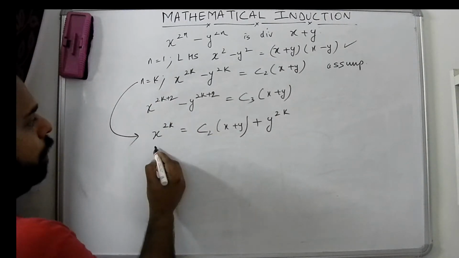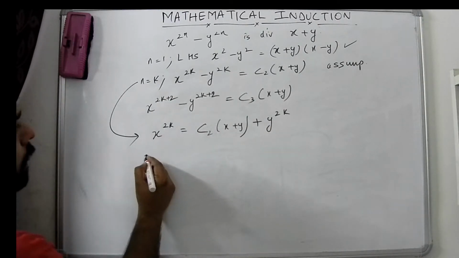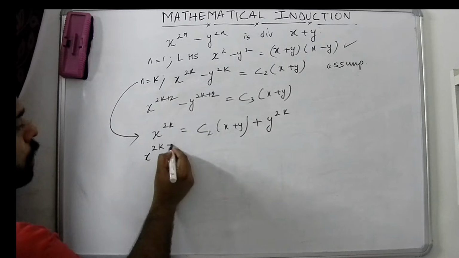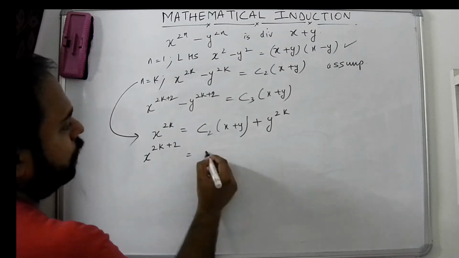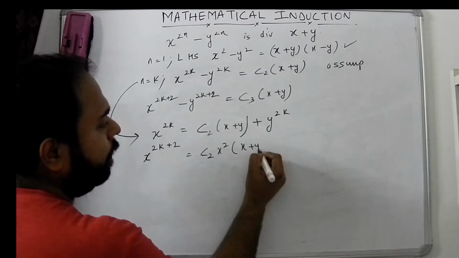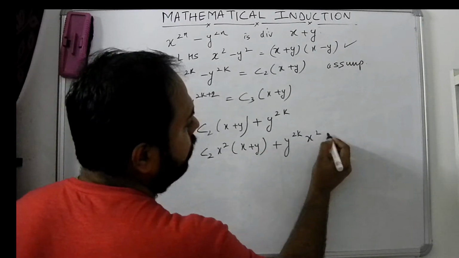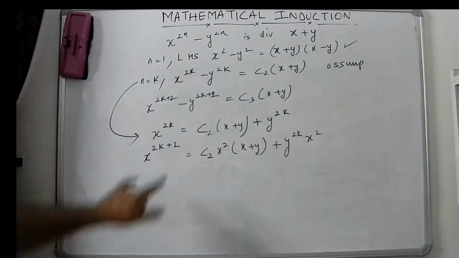For that, what I need to do is I just need to multiply by x square. So when I multiply this by x square, it becomes x to the power 2k plus 2, right, is equal to c2 times x square (x plus y) to the power 2k x square, right? This is correct, right? Now I create this thing.